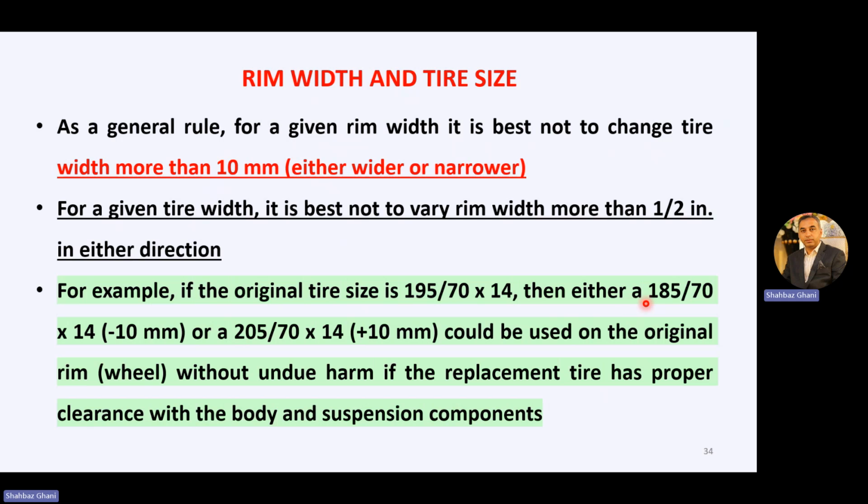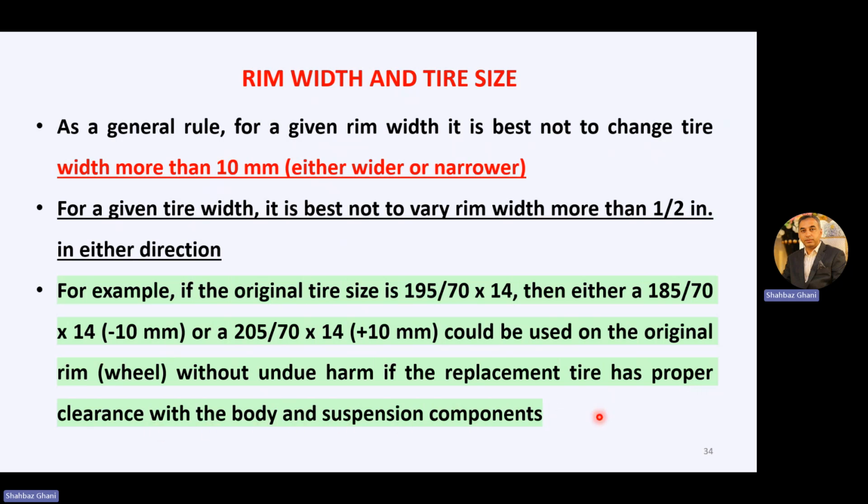Then either 185/70 R14, minus 10 mm, or 205/70 R14, plus 10 mm, could be used on the original rim without undue harm, if the replacement tire has proper clearance with the body and the suspension components.